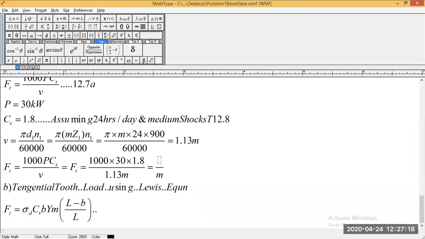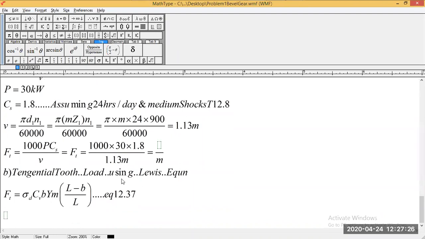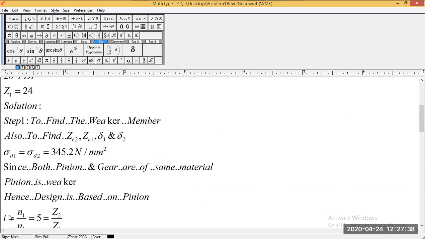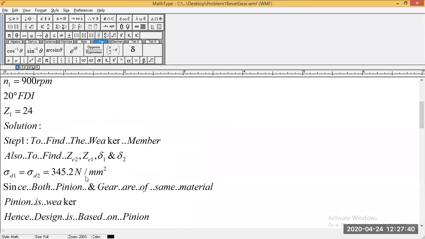So this is equation 12.37 in the data handbook. Okay, so let's note down one by one here. Sigma d here is common anyway, so we'll note down the same value. Sigma d is 345.2.